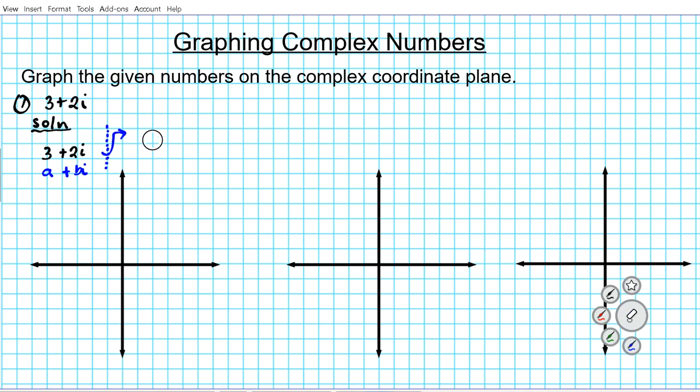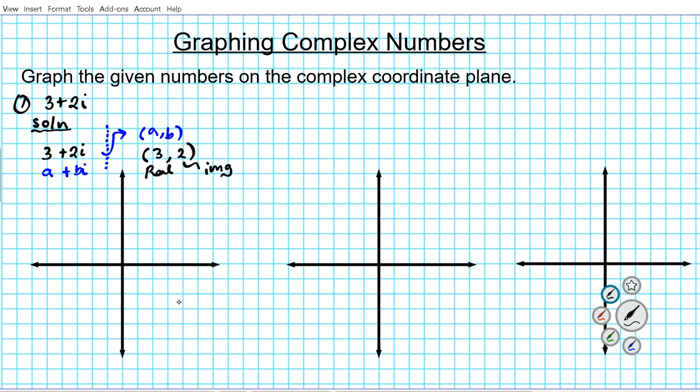So we're graphing the coordinate points a comma b. So a is 3 and b is 2. So 3 is the real part and the 2 is the imaginary part.